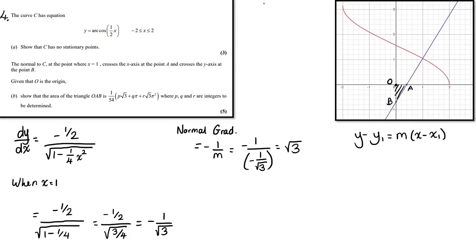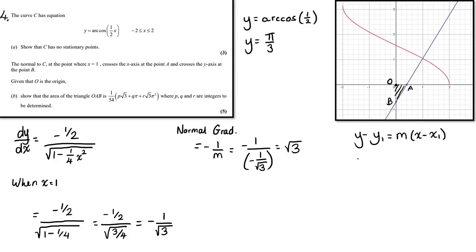Well, that's going to be y equals arc cos of a half x, where x is 1, so that's arc cos of a half. And that's going to give me y equals pi over 3. Okay, so we now can work out the equation of the normal by substituting in. We know x is 1, and we know the gradient, root 3.